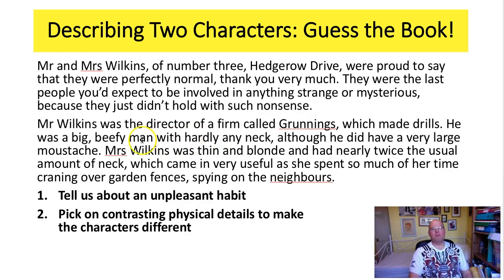He was a big, beefy man, with hardly any neck, although he did have a very large moustache. Mrs. Wilkins was thin and blonde, and had nearly twice the usual amount of neck, which came in very useful as she spent so much of her time craning over garden fences, spying on the neighbours.